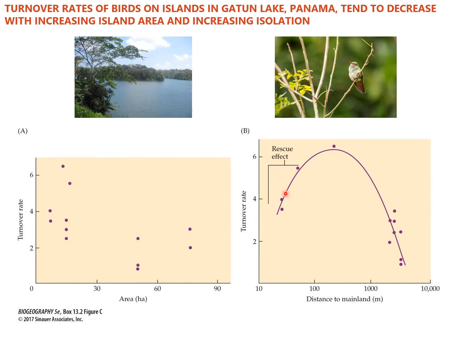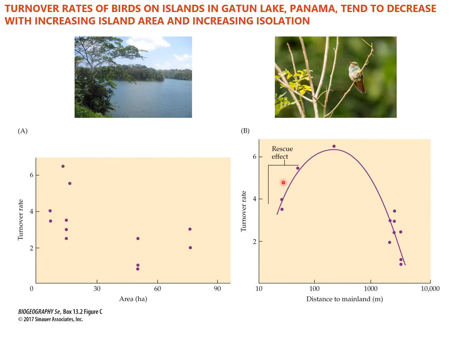We have what's called the rescue effect, and I'll talk about that in a second. But basically, as the distance to the mainland increases, you get this decrease in the turnover rate.